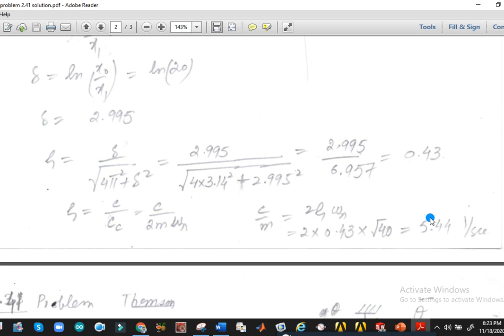So what does this mean? If we take the average value of mass of a car as 1200 kg, that is the average weight for the Suzuki Mehran or Bolan, you can say. Okay, so 1200 multiplied by what was the stiffness value, 40.